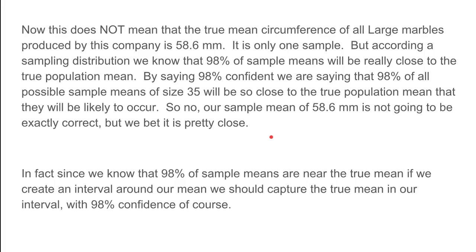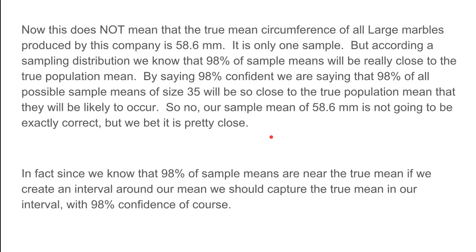All right, now, this does not mean that the true mean circumference of all marbles is 58.6. It's only one sample. But if we think about that sampling distribution, according to that sampling distribution, we know that 98% of sample means will be really, really close to what the truth is.